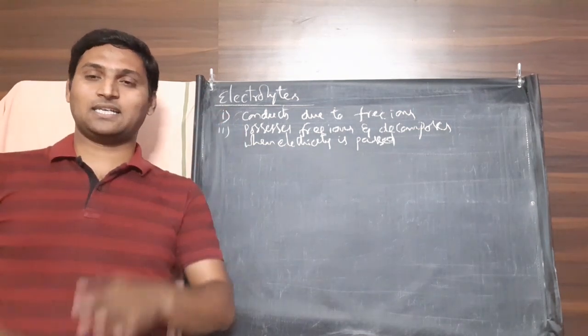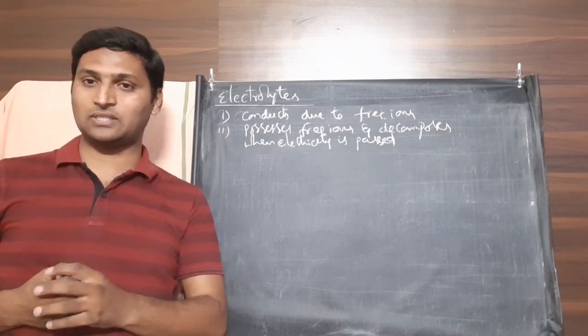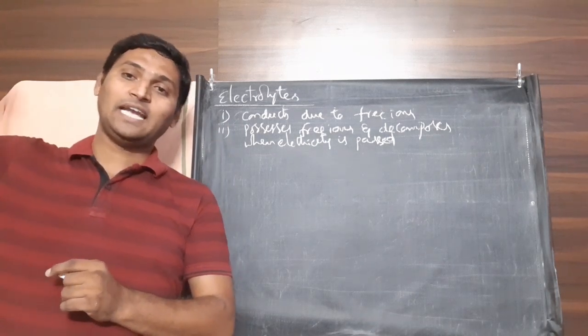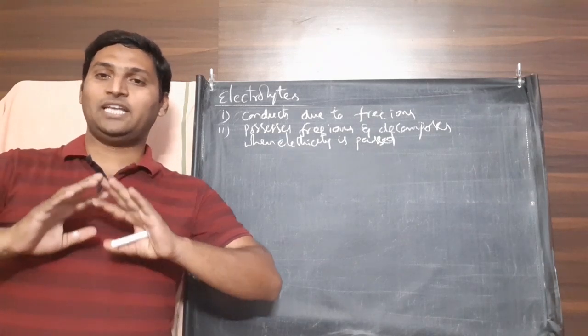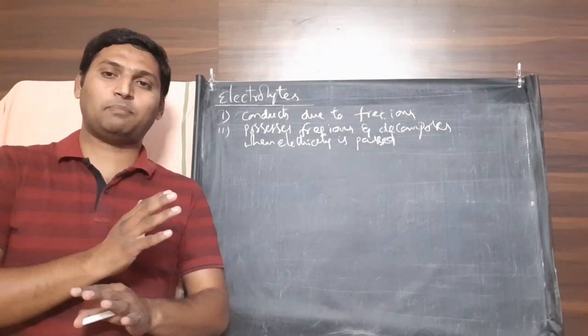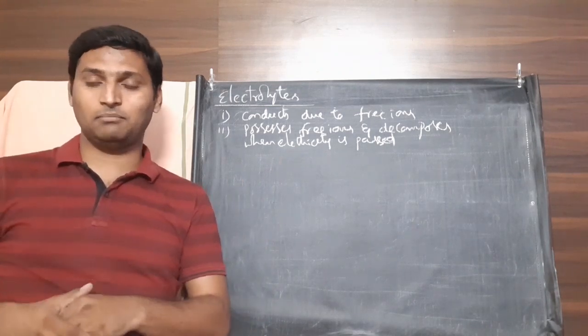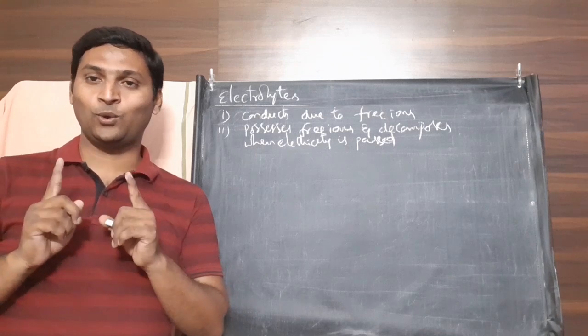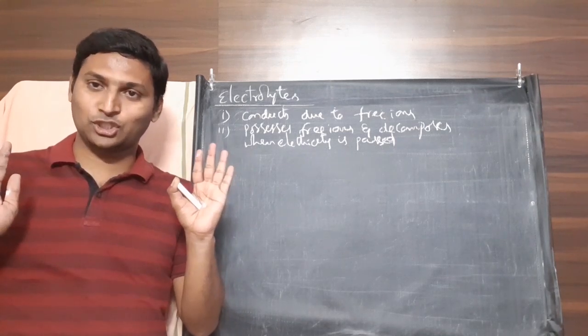This is something you have to understand. Mainly electronic conductors. Say you have got copper wire at your home for all the electrical appliances, and you have got aluminium wires in the high extension wires that you have outside. Everywhere, while the electricity is passing, is there any chemical change happening to copper or aluminium or any other metallic conductor? No. So they take electricity without undergoing any change in composition.